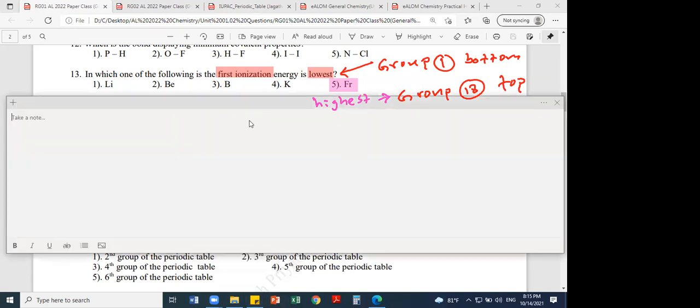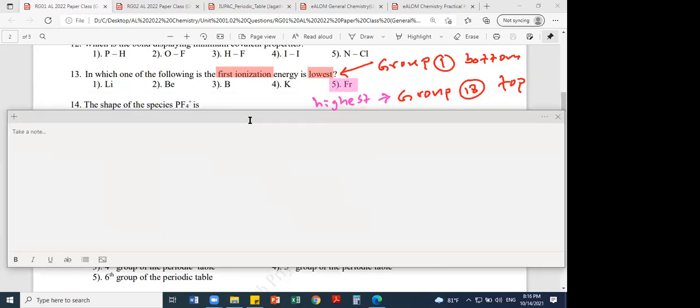That's why I told you to be familiar with the periodic table. I think this is also, as I remember, an LL passport question.